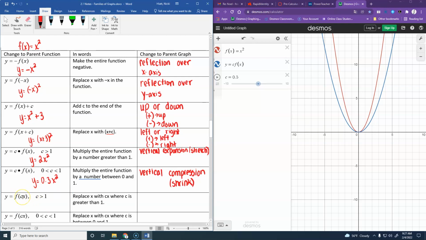I think these are a little bit tough to think about. There's Coach Wood. He could teach this part. I don't like the shrinks and the spread. It just makes me mad. Yeah, they look the same. I just want them to know it's getting closer to the x-axis or the y-axis.